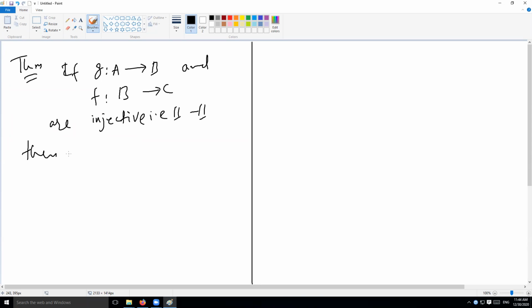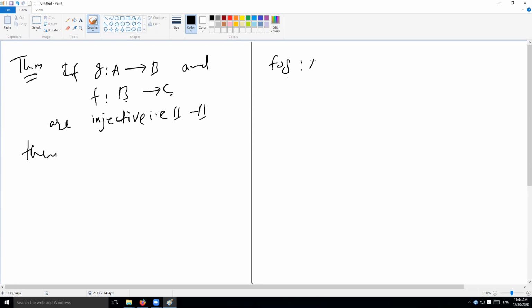A to C. Maybe both. Both will make sense. So see, think about it. F composition G. So G is sending me from A to B, and then F is sending me from B to C. The answer is yes actually.